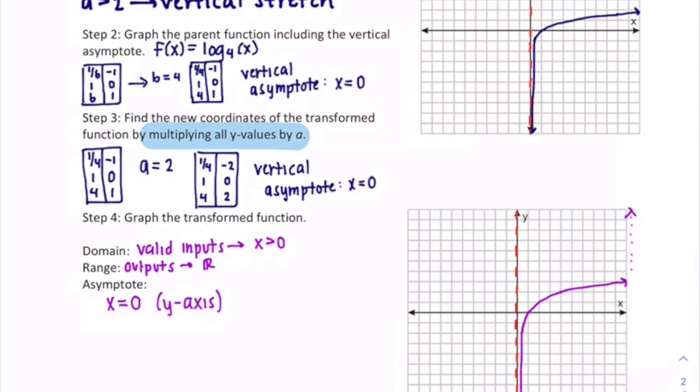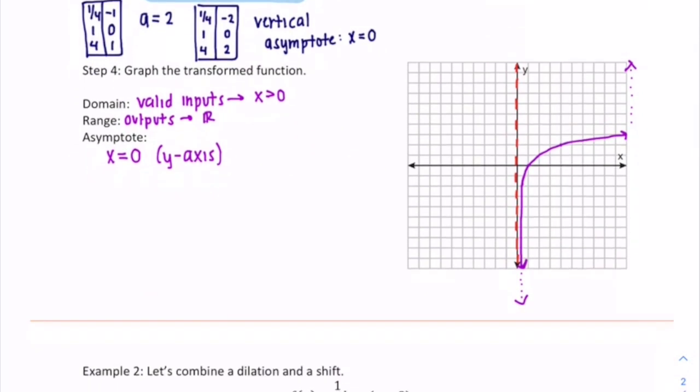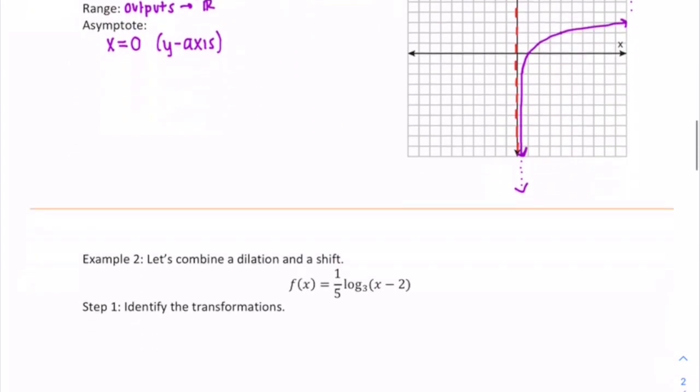If you compare our second graph to our first graph, you can see that it is stretched a little bit, which is what we expected by multiplying that function by 2. We expected a vertical stretch.